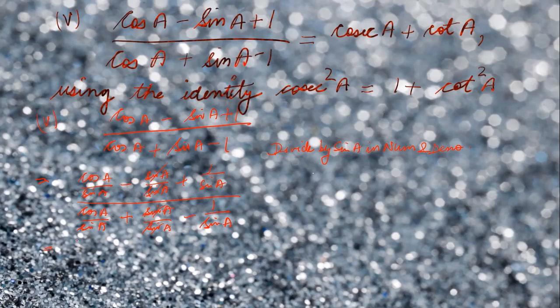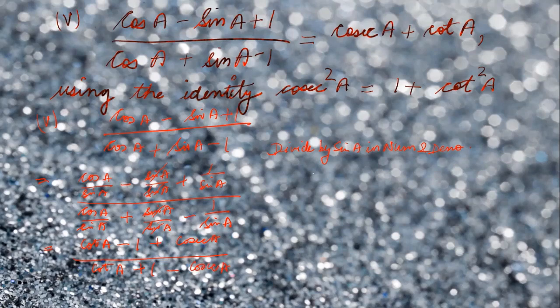So you can write cot A minus 1 plus cosec A upon cot A plus 1 minus cosec A.